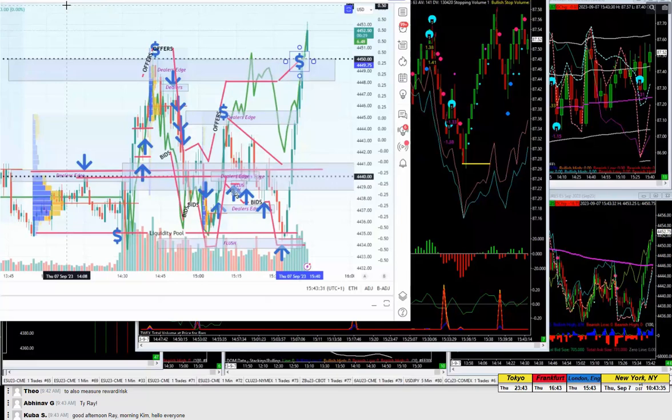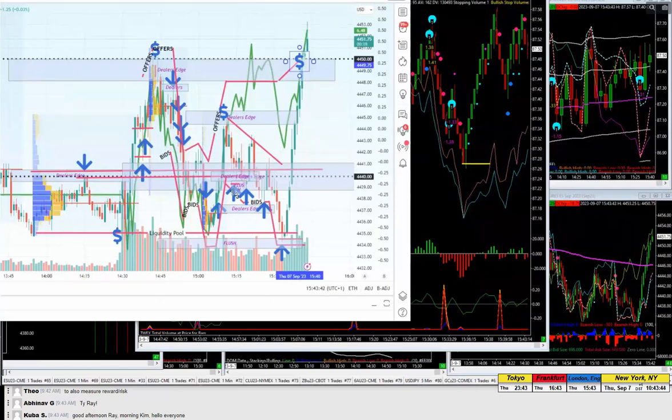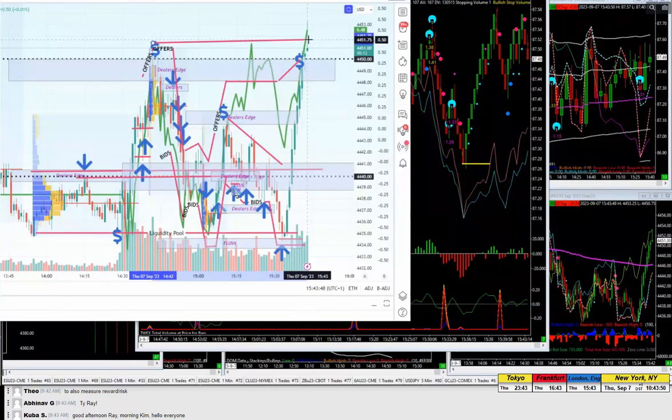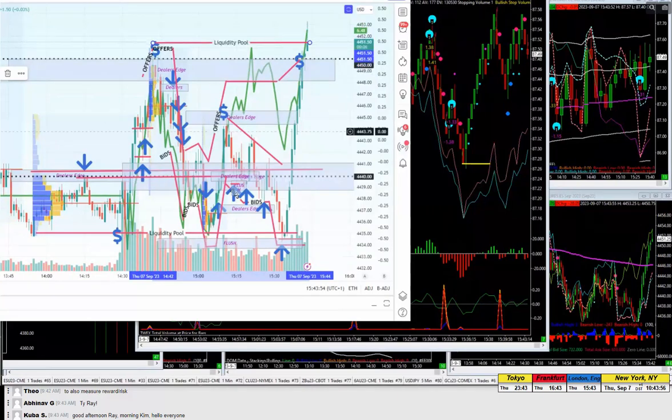People wouldn't believe you got the bottom tick price, would you? You wouldn't believe you actually got the bottom tick price within one tick. But hey, all right. So little liquidity pool here, guys. That's obviously day high, so we know that that's the liquidity pool that we're now aware of. Nice opportunity if you're still holding some positions.